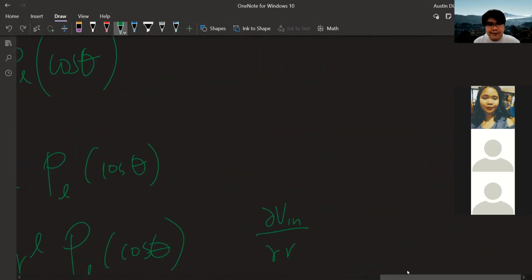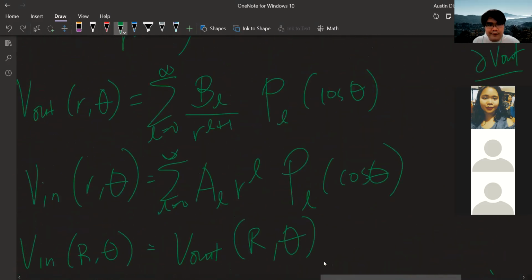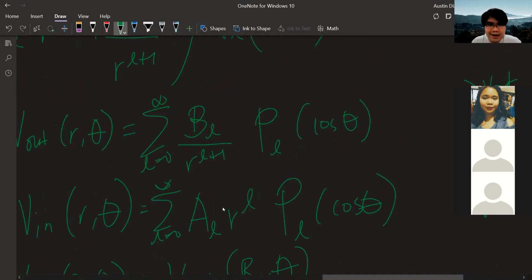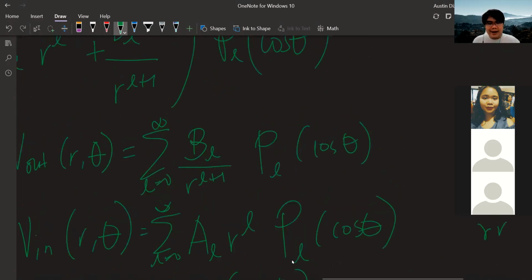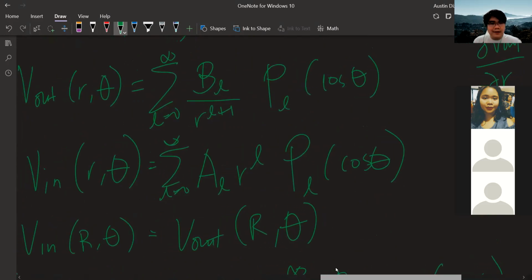Sa taas pala. Partial of V out with respect to R, of course. Okay. So ang tatablan lang ng derivative ko will be this guy and this guy. Si PL wala naman yan kasi puro cosine theta lang yan tsaka constants. So tatagos lang yan. Okay?